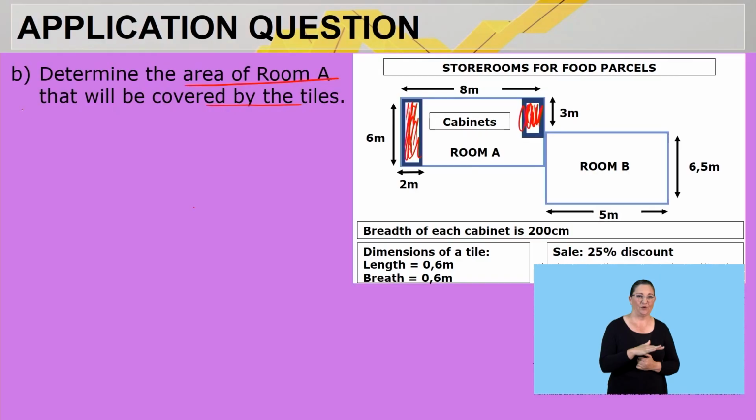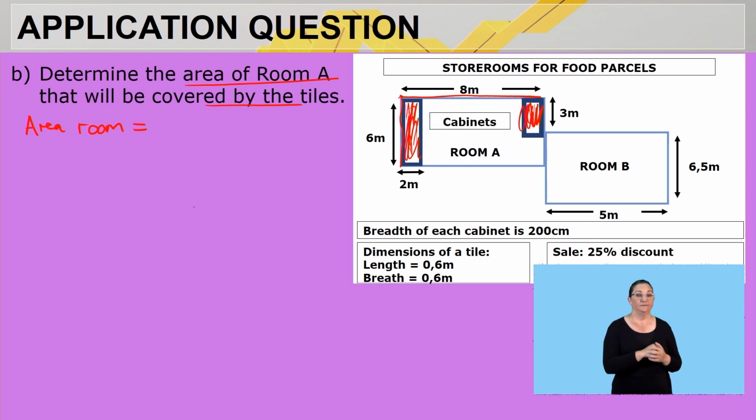Okay, so let's start with the area of the complete room. Let's write it like that so that you are able to see what I'm doing. So the area of the room will be, if you look at it, this 8 meters here by our width of 6 meters, right?